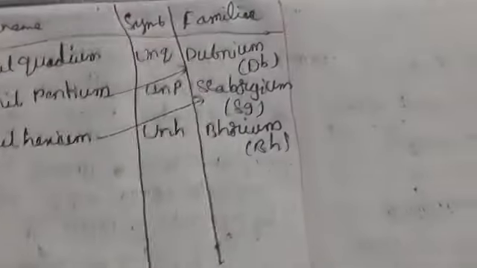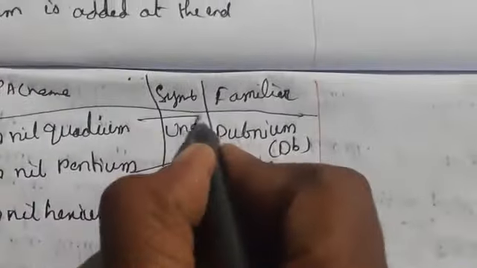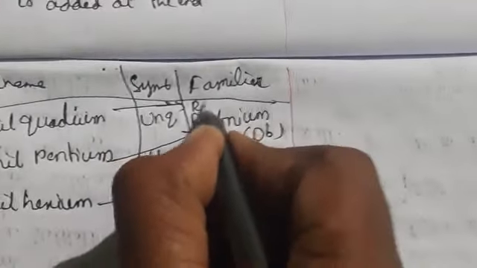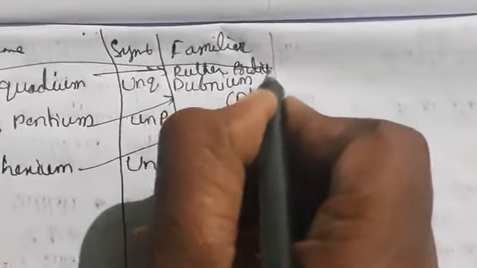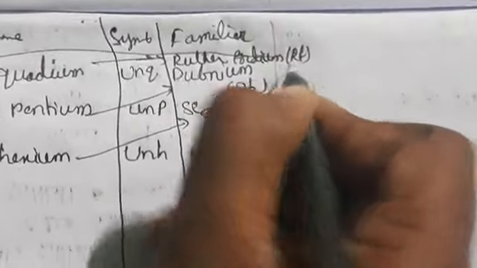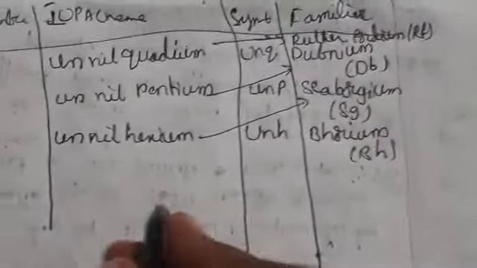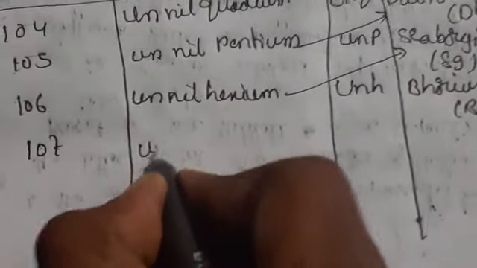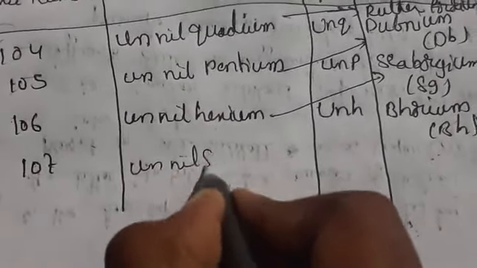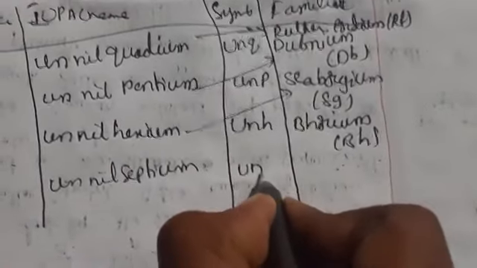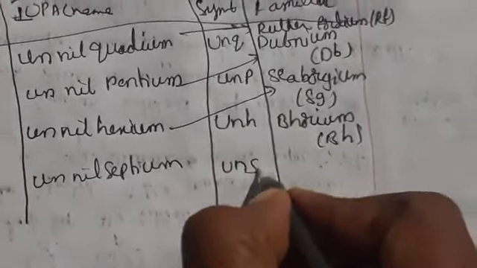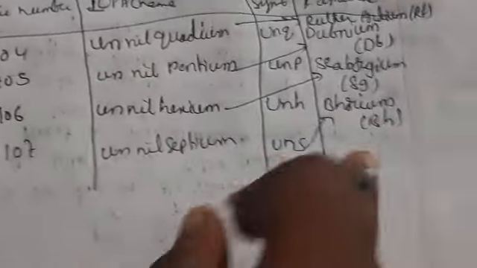For 107, unnilseptium, with the abbreviation UNS, the common name is Rutherfordium, with the symbol Rf.